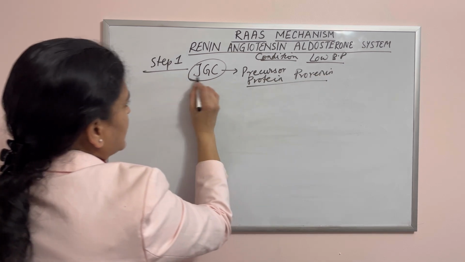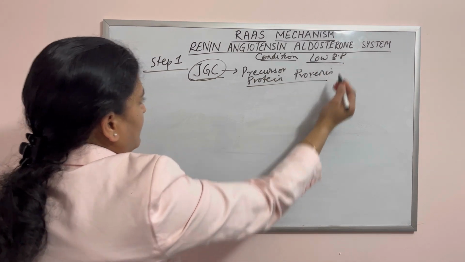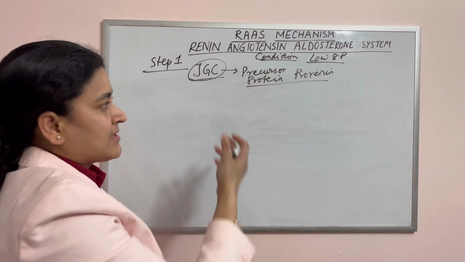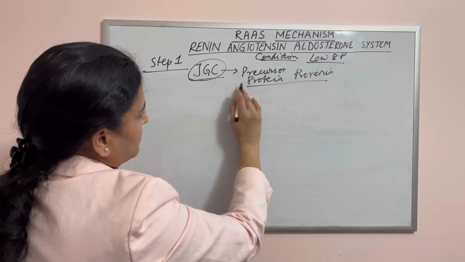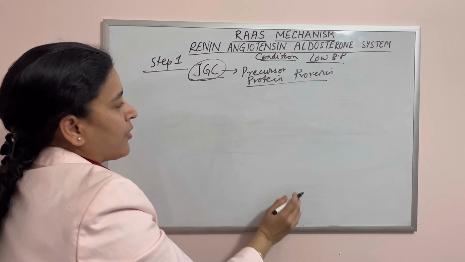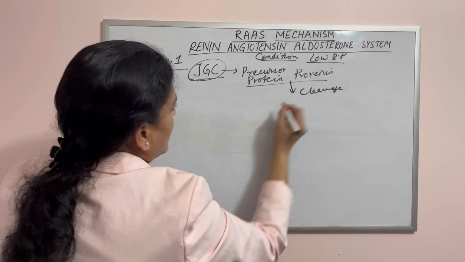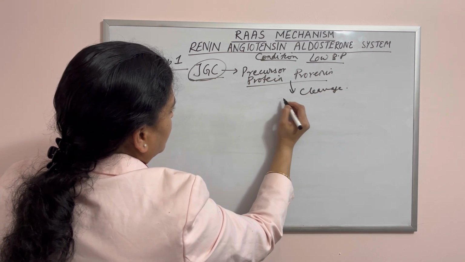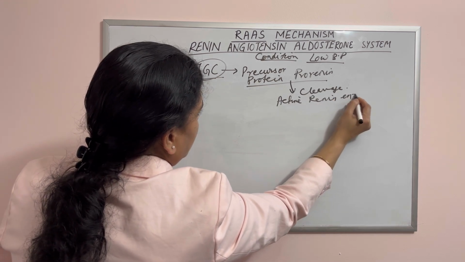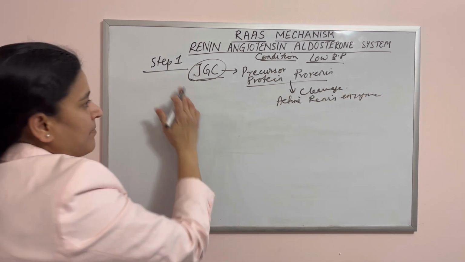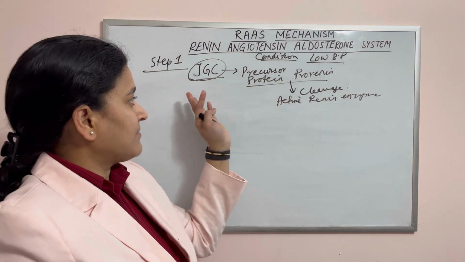Whenever there is a low blood pressure detected by the different methods I just explained, the prorenin undergoes cleavage and is converted into the active renin enzyme. So that's step one.